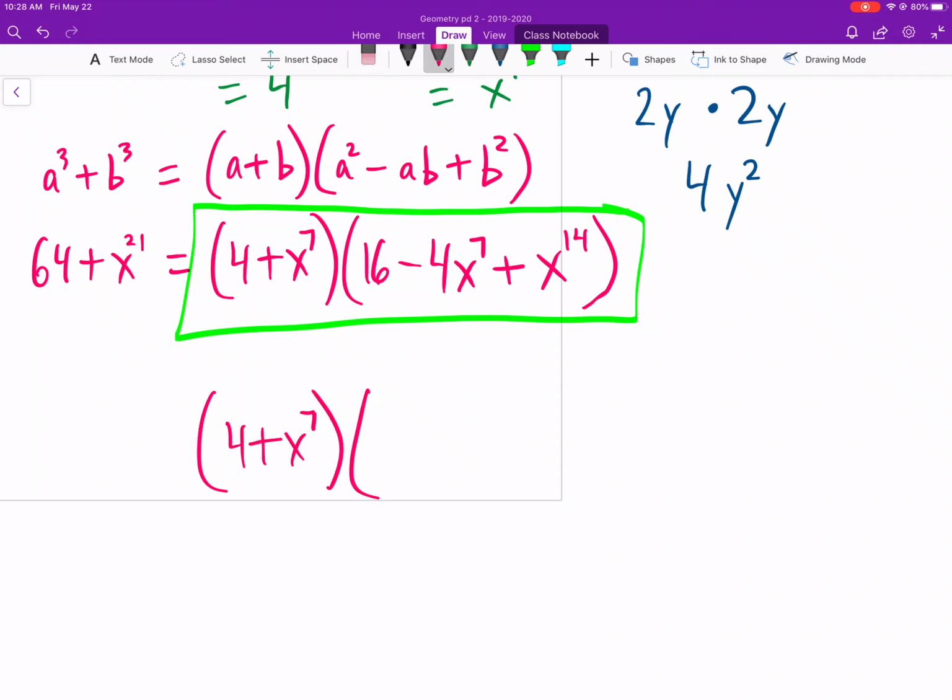But let's just take another look at that trinomial if we reordered it. x to the 14th minus 4x to the 7th plus 16. Now this looks like AM, right? Are there any factors of 16 that, when you add them, will give you negative 4?